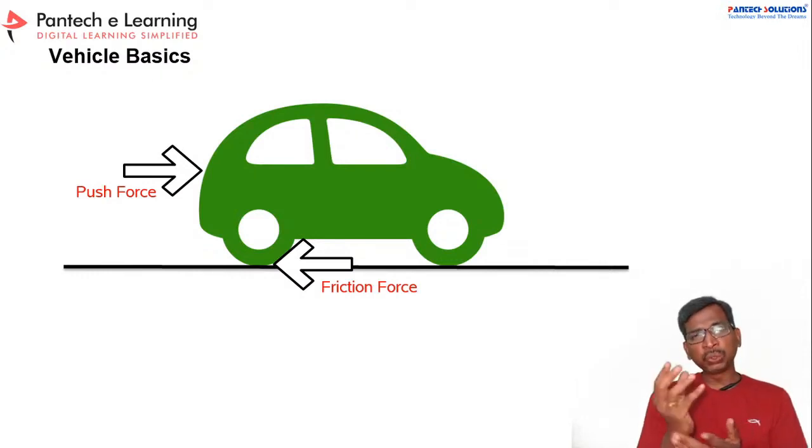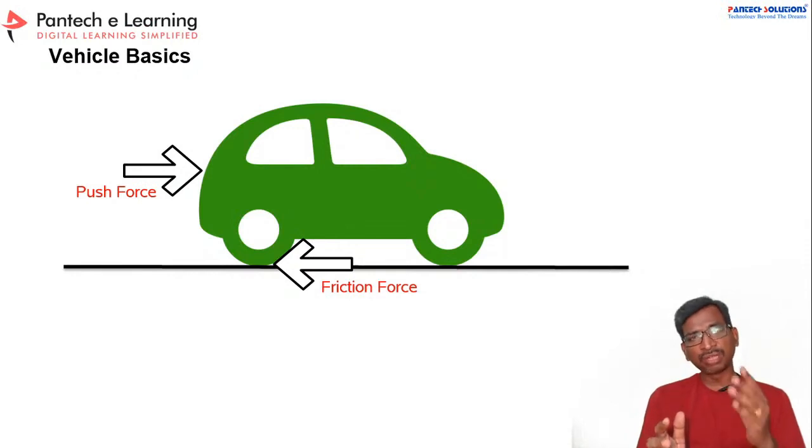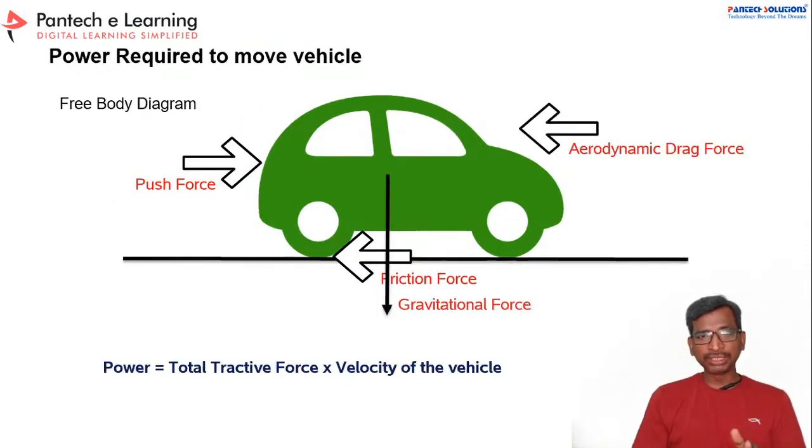By default, due to the gravitational force and other friction forces on the vehicle, since it's a mechanical system, we should understand the basic concepts, right? So we have to overcome the friction force to drive the vehicle from standstill position. In that case, there are different types of friction forces available.